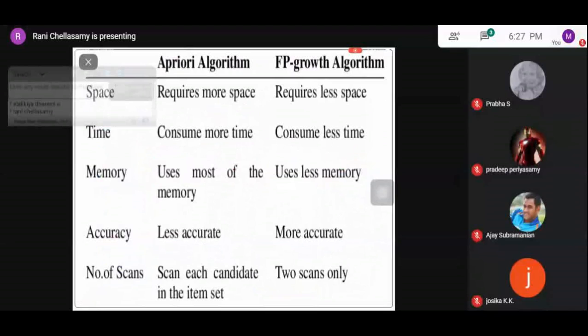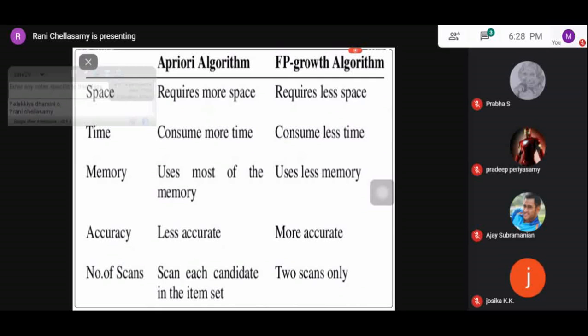So now we compare the Apriori algorithm and the FP growth algorithm. Concentrating on space, the Apriori algorithm requires more space to store the data, and FP growth requires less space. Coming to the time factor, Apriori consumes more time to generate the frequent item sets, and FP growth consumes less time.